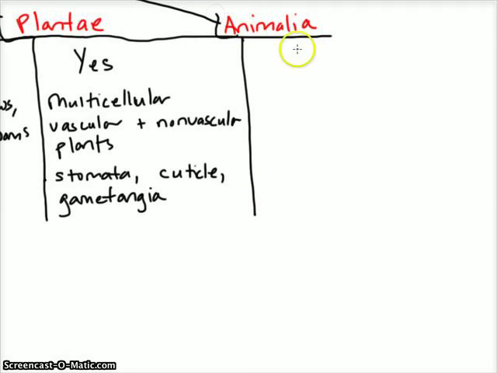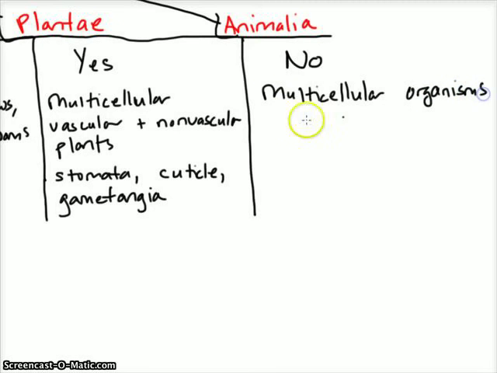Okay, so kingdom Animalia, our last category in the kingdom, is kingdom Animalia. They do not perform photosynthesis, and examples of organisms that fall in this category are multicellular organisms that eat other organisms.